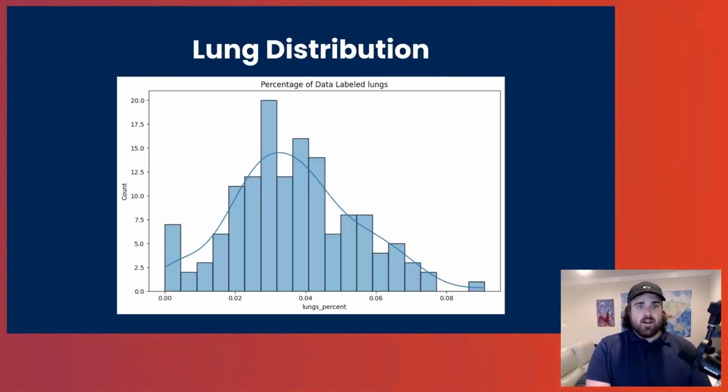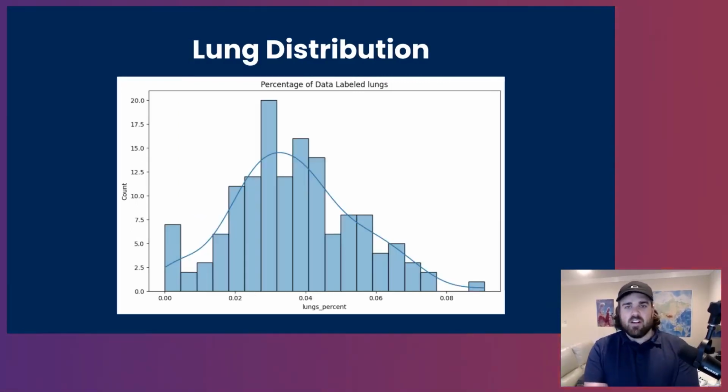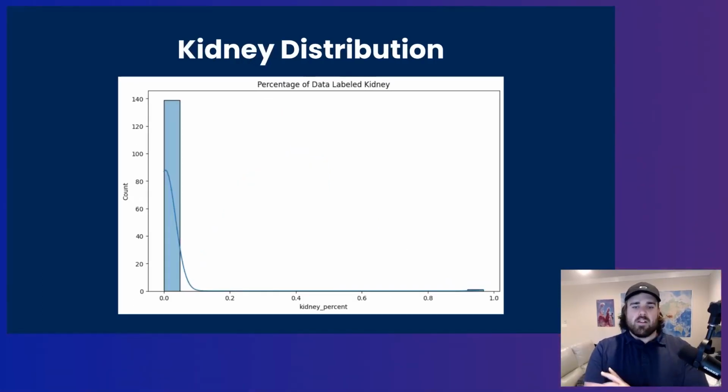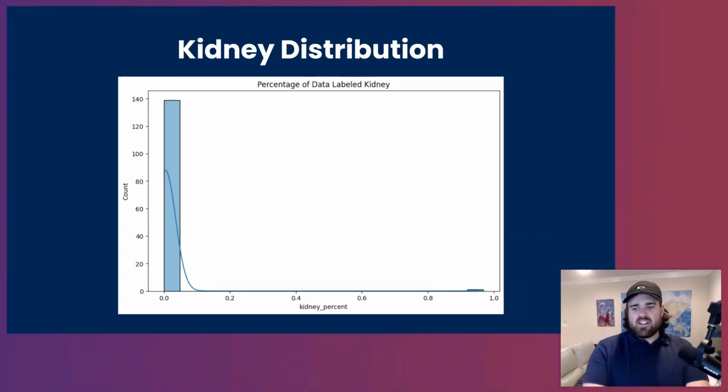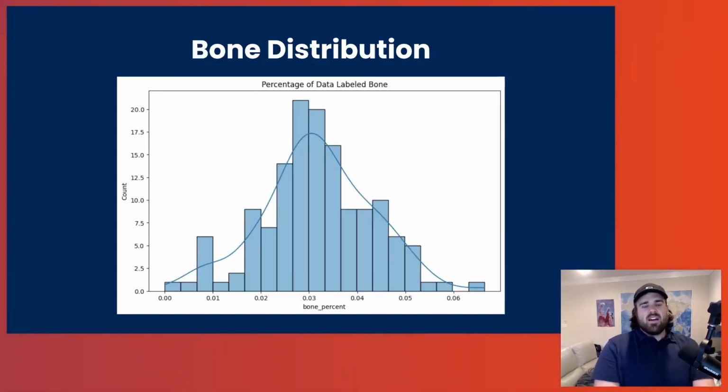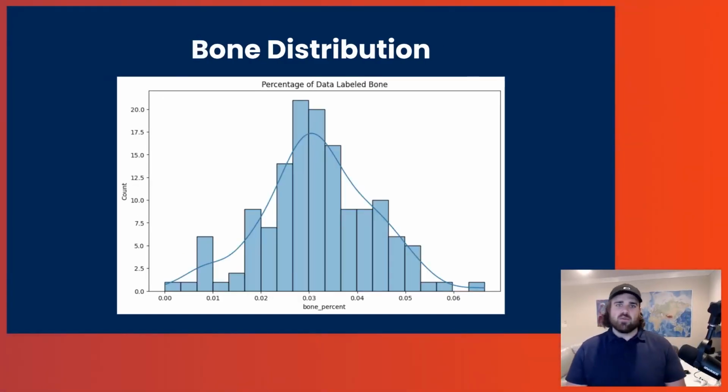Here's lung. Lung is actually very good. A lot of the data set has lungs to predict. Kidney is probably one of the least prominent labels in the data set. Some of them have a bunch of kidneys, but most of them don't have kidney at all. Bone distribution. Bone is another one we're really looking for, and bone has a very good distribution.